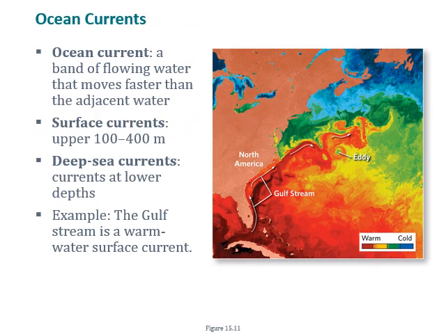And when water masses move relative to one another in a normal or regular way, they're called ocean currents. This is just the water moving faster in a particular direction relative to adjacent water. And there are surface currents, which are 100 to 400 meters depth, and then there are deep sea currents, which are much deeper.